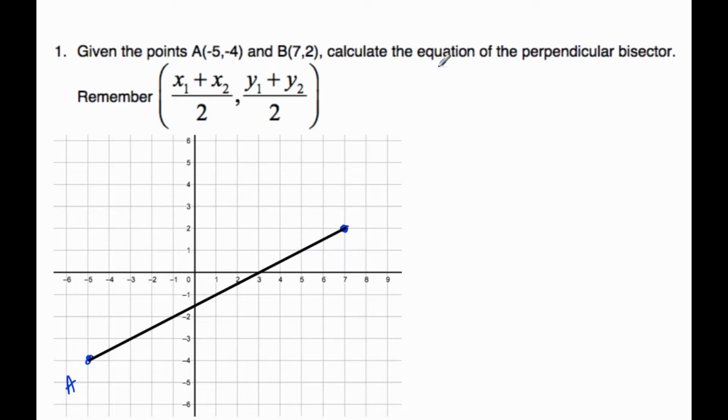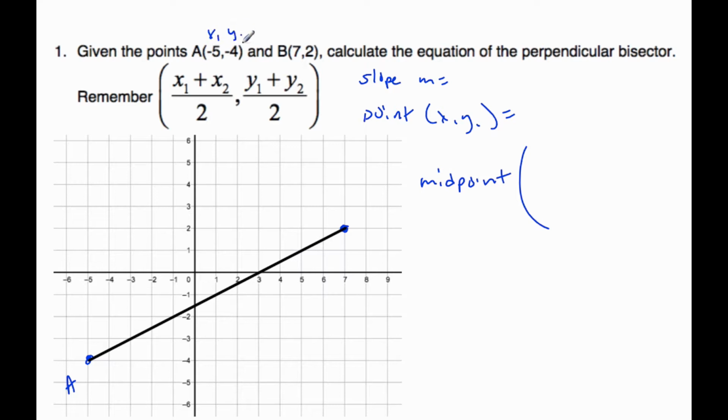Well, in order to find the equation, I need a slope, which is m, and I need a point, x1, y1. I do not know either of those. But what I can do, the point that I need will be the midpoint. And I'm going to guess eyeballing it's 1, -1 here. But here is the midpoint formula. So using the midpoint, here is my x1, y1, and my x2, y2.